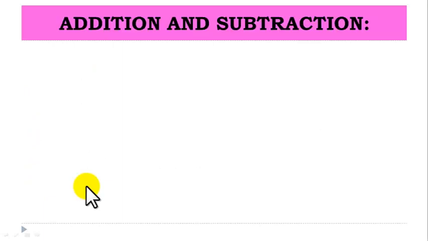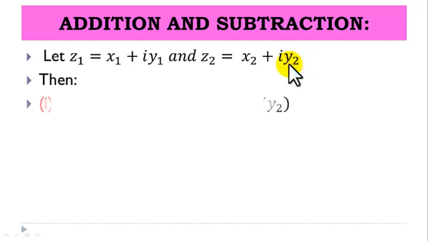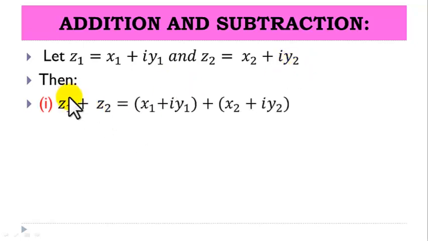Now, addition and subtraction of complex numbers. Given two complex numbers, z1 equal to x1 plus iy1 and z2 equal to x2 plus iy2, then 1. z1 plus z2 is obtained by adding the real part and the imaginary part respectively together.